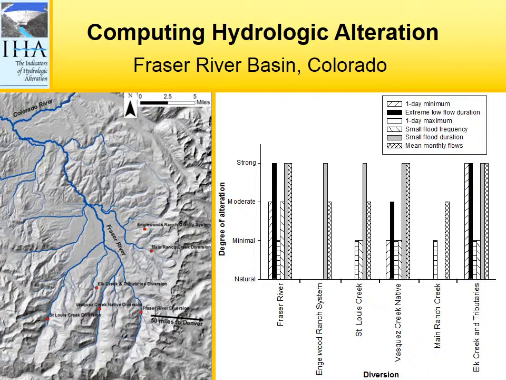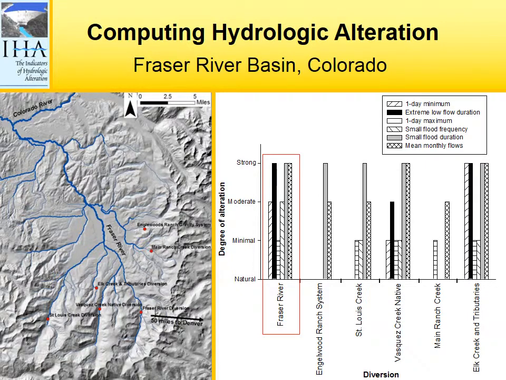They are altered to different degrees and in terms of different kinds of flow indices. So, for example, the Fraser River in the black solid bar shows extreme low flow duration. So we can say that Fraser River has been subject to a high degree of flow alteration in its very low flow, in its natural low flow component. And that is more pronounced in that river than in some of the other rivers.